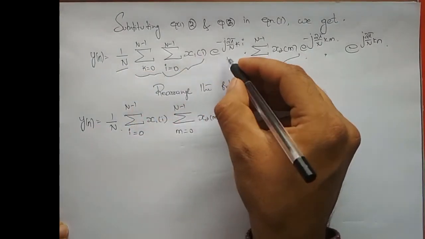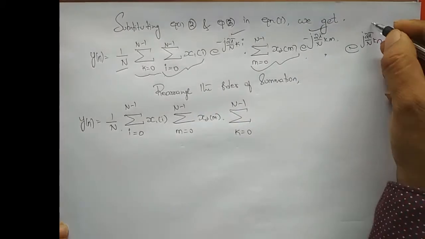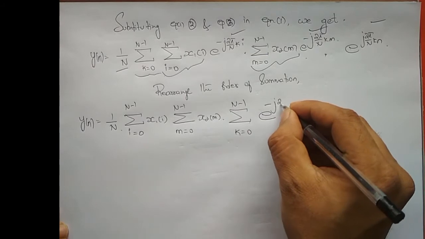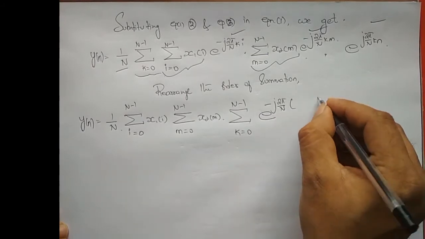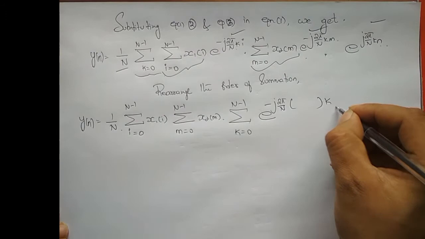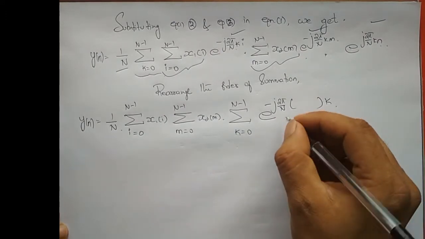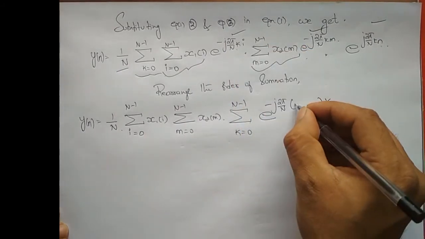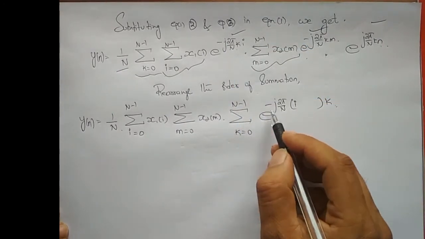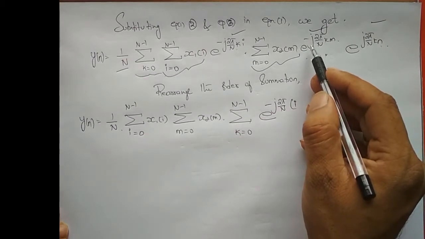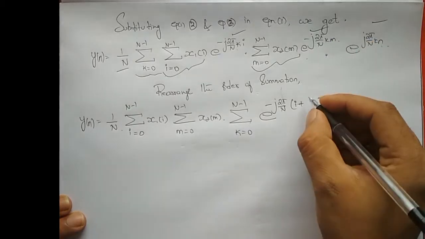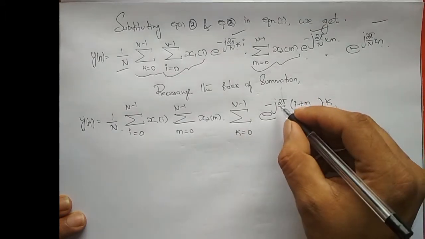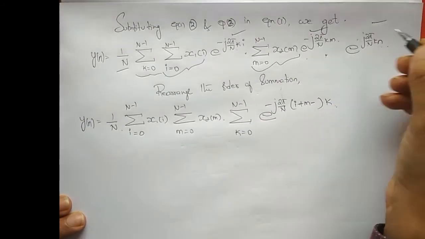Now the left out terms are these three exponentials, right? So this one and this one and this one. I can take a few terms common here: e power minus j 2 pi by N into k, so k is common. So what do I get inside the bracket? It is e power minus j 2 pi by N into k into i, next e power minus j 2 pi by N into k into m, and here plus, so what do I get here?